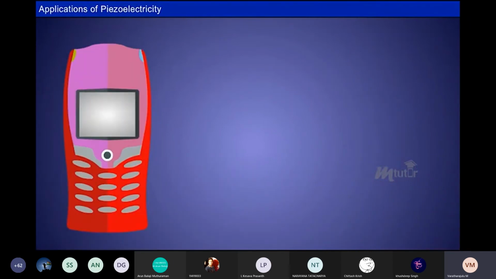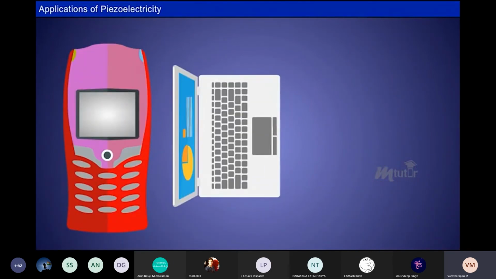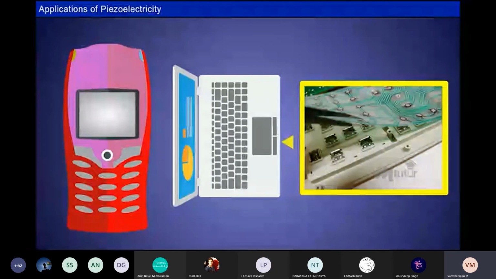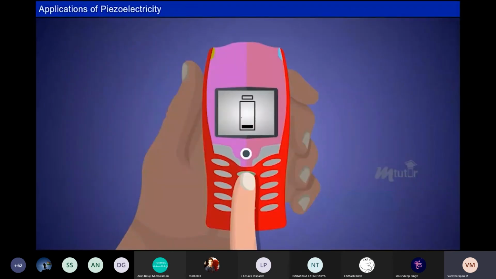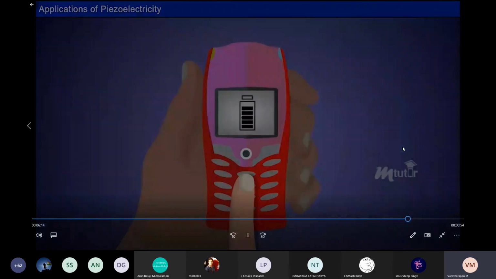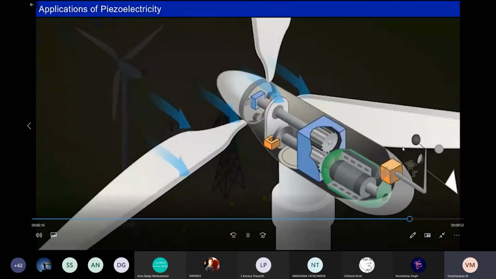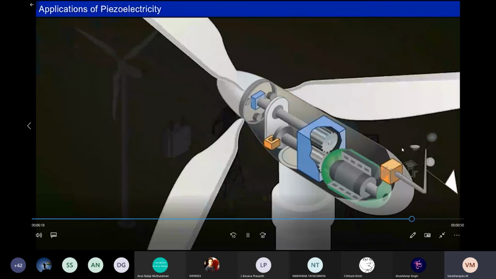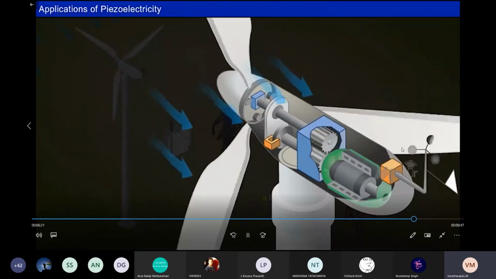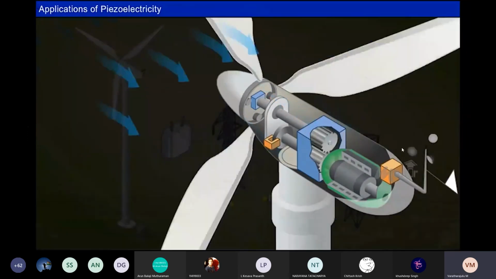The crystals can also be used under the keypad of the mobile and laptop. The vibration created due to pressing of keys can be used for charging purposes. Piezoelectric materials can also be used in windmills for power generation, which operate at different wind speeds.